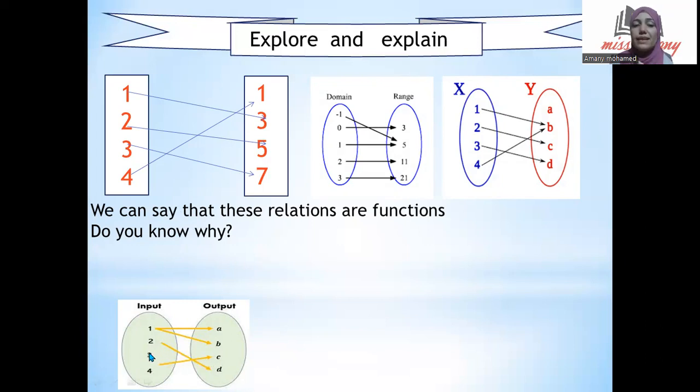Here, the element number 3 hasn't any image in the output. Also, number 1, an element of the first set, has 2 images in the output set, not one image. So it is not a function.